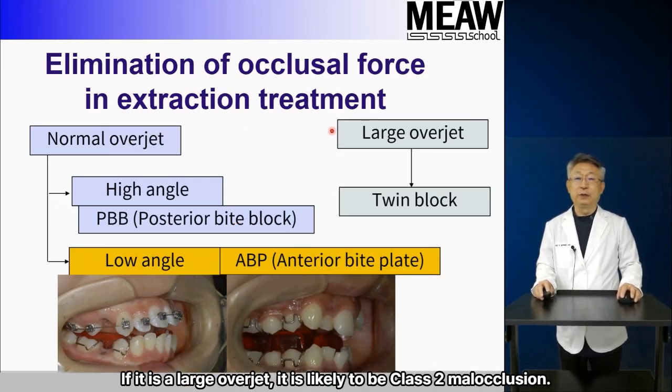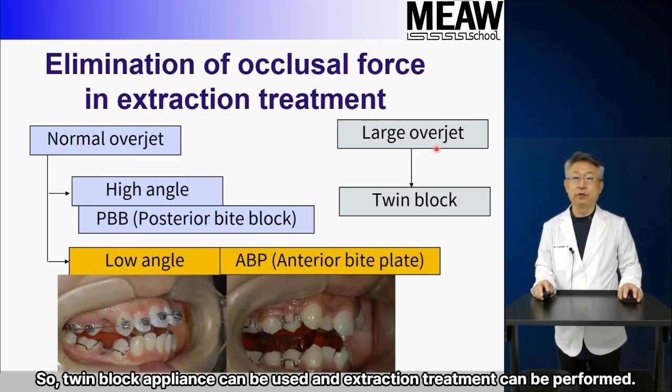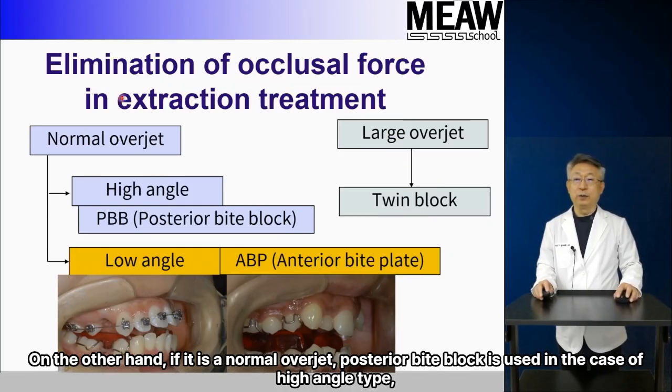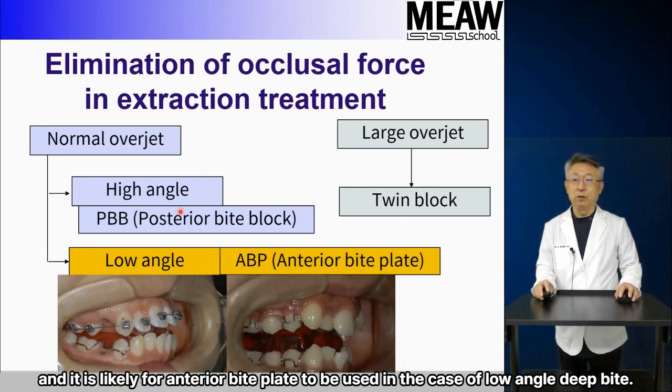If it is a large overjet, it is likely to be Class 2 malocclusion. So, twin block appliance can be used and extraction treatment can be performed. On the other hand, if it is a normal overjet, posterior bite block is used in the case of high angle type, and it is likely for anterior bite plate to be used in the case of low angle deep bite.